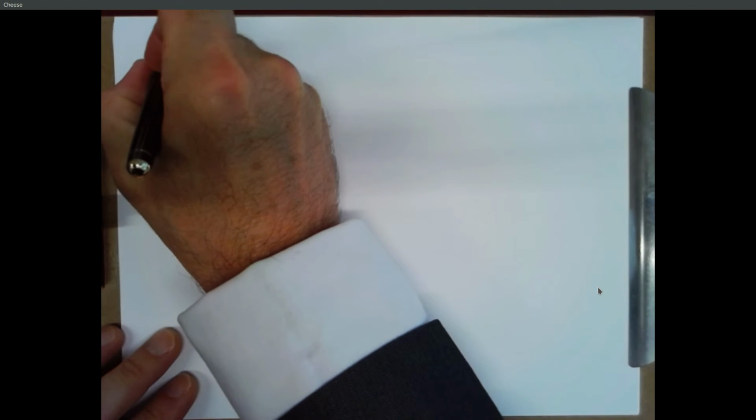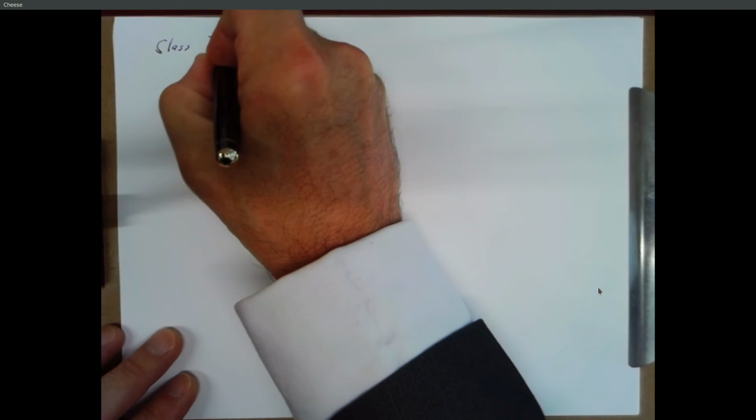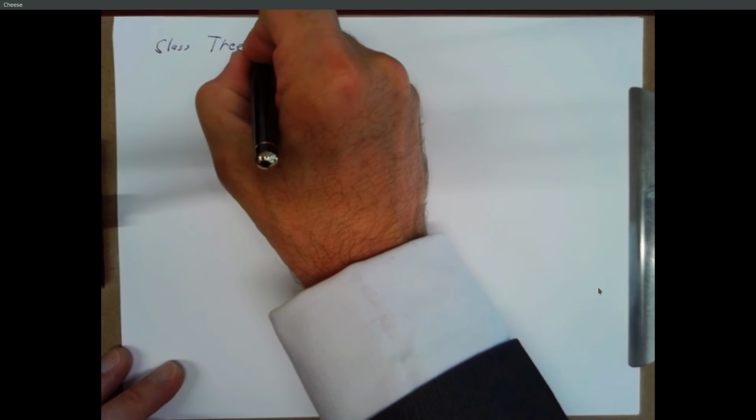All right, let's talk about trees. So we're going to want to write a tree class. And as usual, we're going to have a separate class for the nodes of the tree.